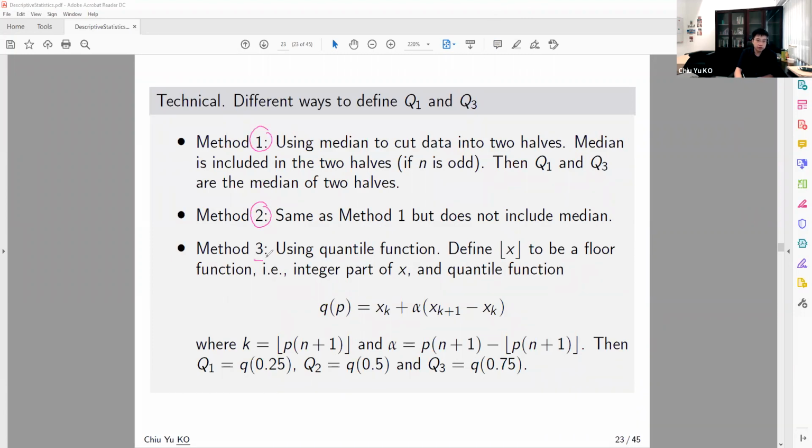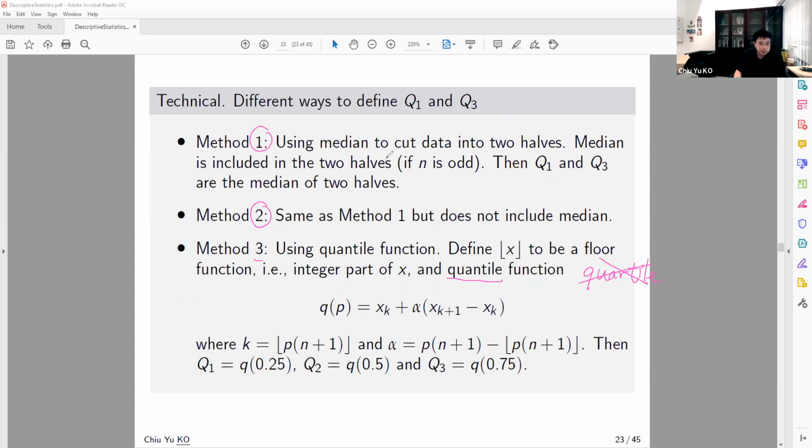And method 3 will be using what we call the quantile function, okay. Quantile. So do note that it's a quantile, it's not a quartile. Quantile, not quartile, quantile. Okay, so but our percentile function.